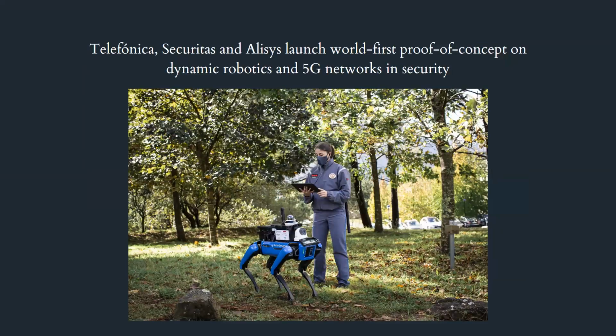Then Telefonica, Securitas, and Alice's have launched the first proof of concept of dynamic robots with 5G network slicing and 5G network security concepts. So the dynamic robots can also be provided services using network slicing. These kinds of applications have their own specific data rate, latency, and reliability constraints, and they have to be provided according to the requirements set by the customer.